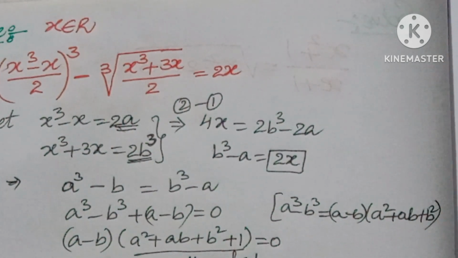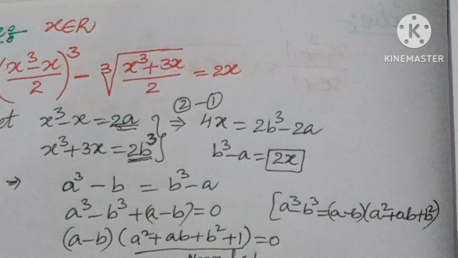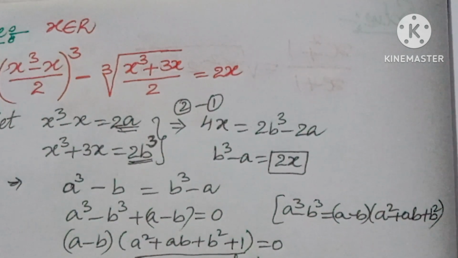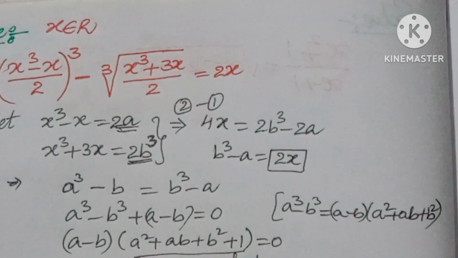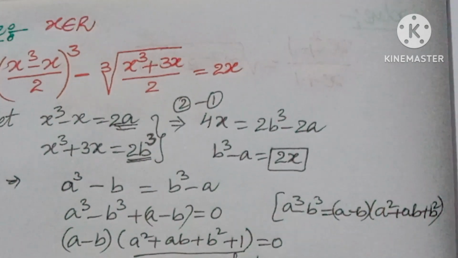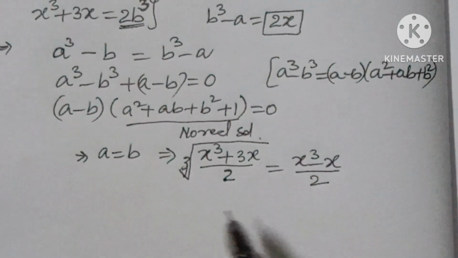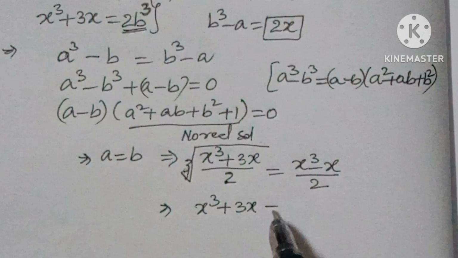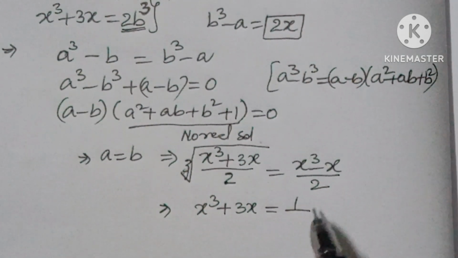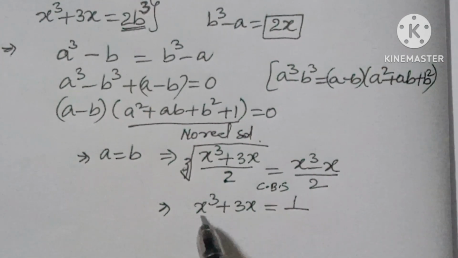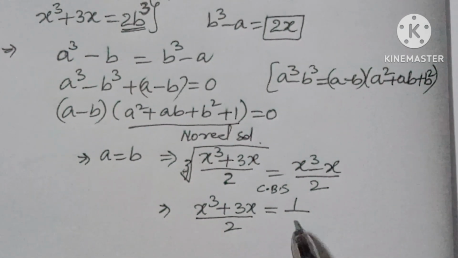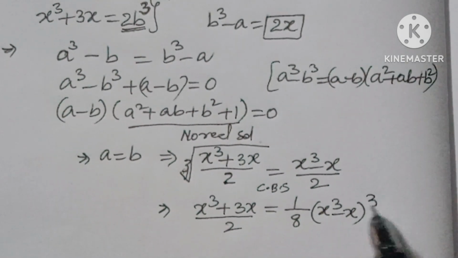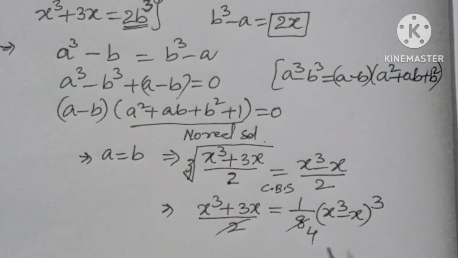Substituting the a value and b value, cubing on both sides, we get (x cubed plus 3x) by 2 is equal to 1 by 8 times (x cubed minus x) whole cubed. So this 2 will go there, 4 times.